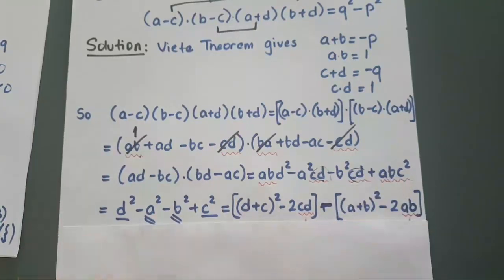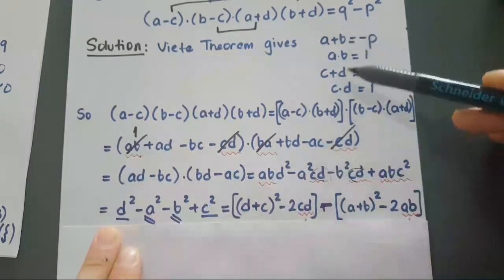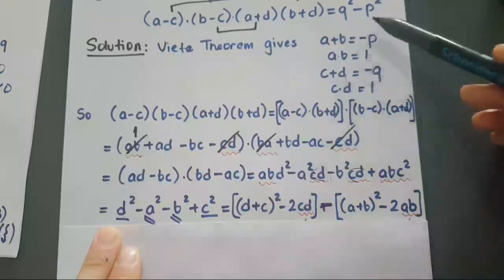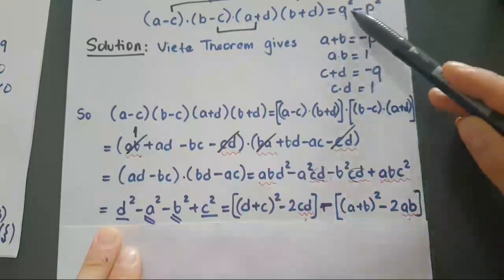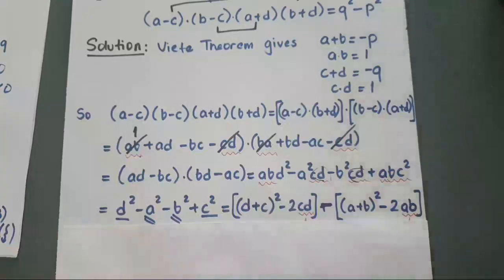Now, D squared and C squared, A squared and B squared. I will try to write this expression in terms of A plus B and C plus D, because on the right hand side we have Q squared and P squared.